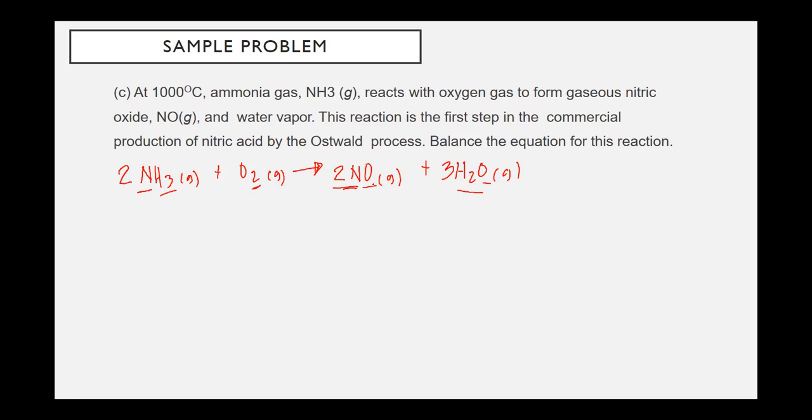So dito sa ating product, meron tayong 2 atoms of oxygen plus 3 atoms of oxygen. So we have 5. Dito 2 lang. So we can multiply this by 5/2 or 2.5. So 2.5 times 2 is equal to 5.